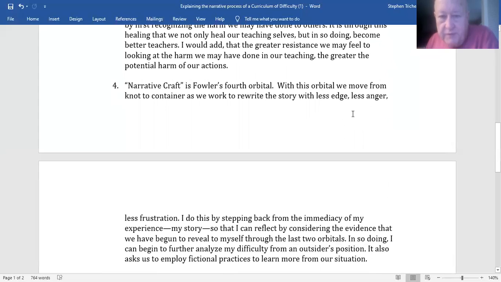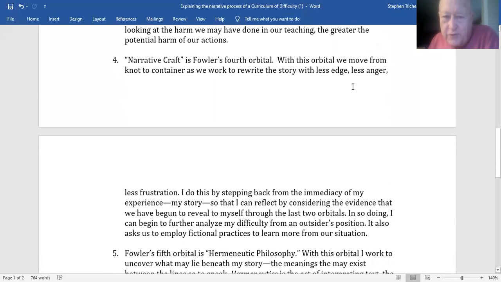Narrative craft is moving the knot to a container. So it's basically, how do we rewrite the story? This goes back to your naive story, which will be your opening paragraph. You're introducing the reader to your difficulty. But then as we move through the orbitals, beginning with orbital 2 and orbital 3, how am I beginning to rewrite the story to have less edge, less anger, less frustration?